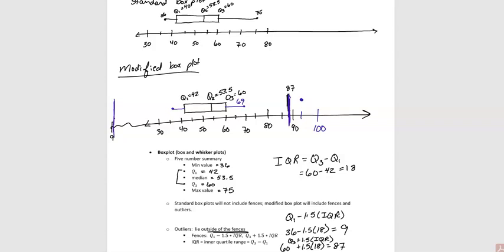And we would say because that value is so far away from everything else, it lives outside of those fences because it's more than 1.5 times the IQR away from that quartile. And we would say this guy is definitely an outlier.